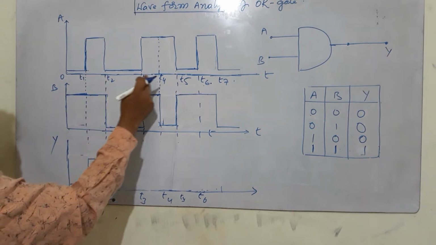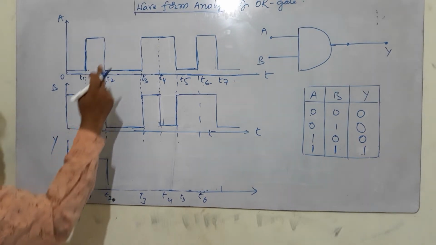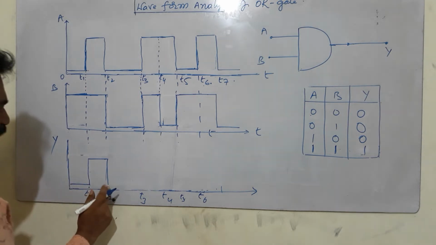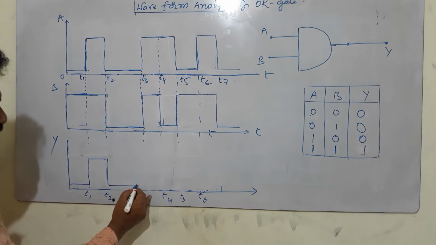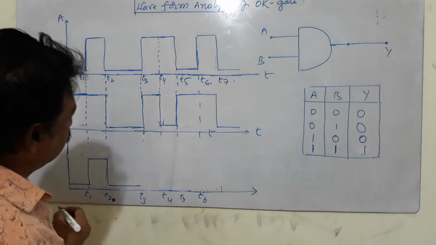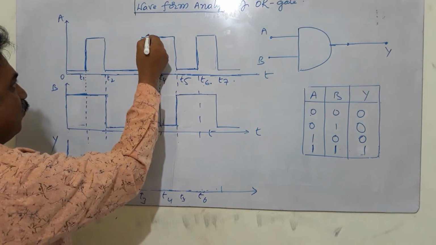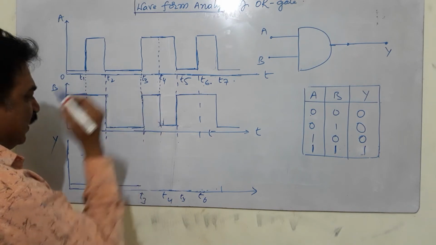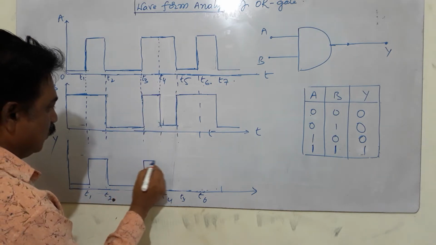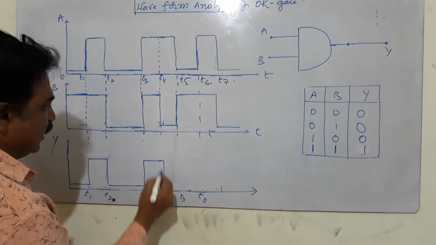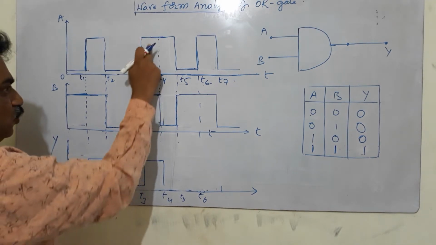From T2 to T3, A is low, B is low, that is A is 0, B is 0. Then from T2 to T3, the output is also low, equal to 0. From T3 to T4, A is 1, B is also 1. Then for T3 to T4, the output is 1 because both inputs are high.